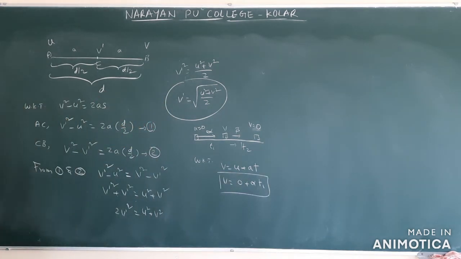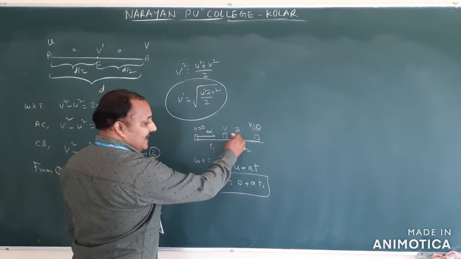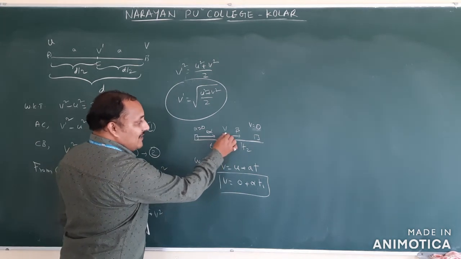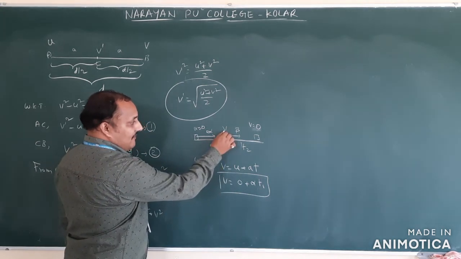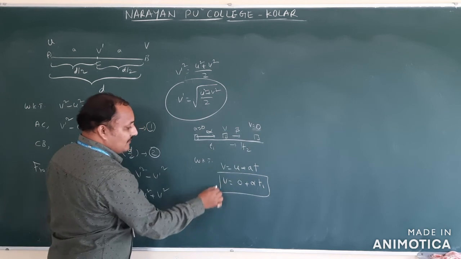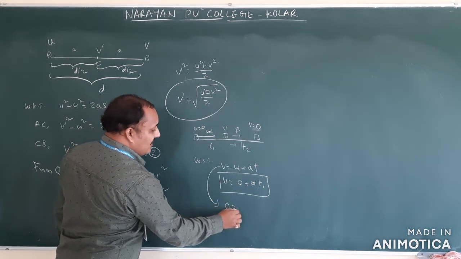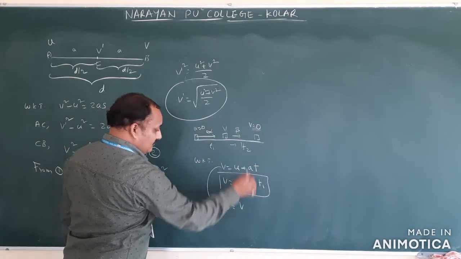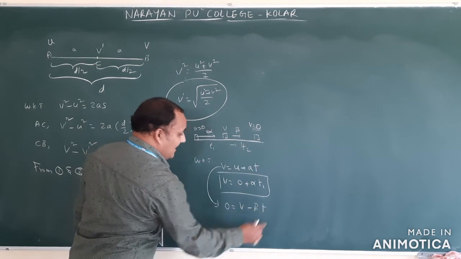Next it is moving with constant rate beta. Beta is nothing but retardation. Retardation is nothing but negative acceleration. At that time, what is the initial velocity? V. Final velocity 0. Therefore, same formula. 0 is equal to v minus beta t.